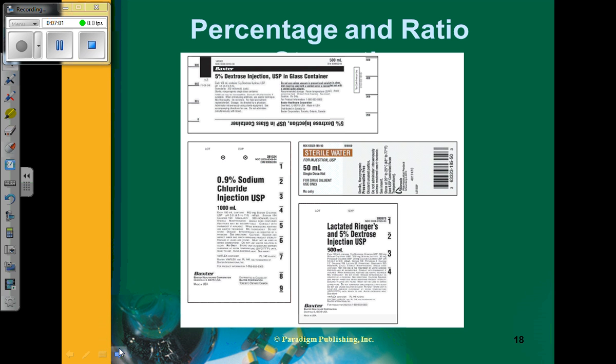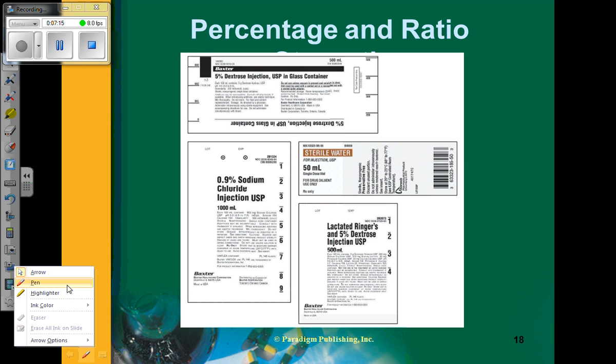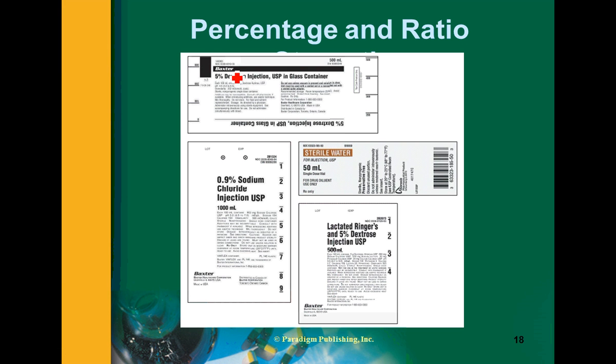Your intravenous solutions, of course, that are given in large quantities are labeled as percentage strength, such as dextrose 5%, which is also written as D5W. So if you look here, you'll see your 5% dextrose injection, and that's usually written, like I said earlier, D5W.